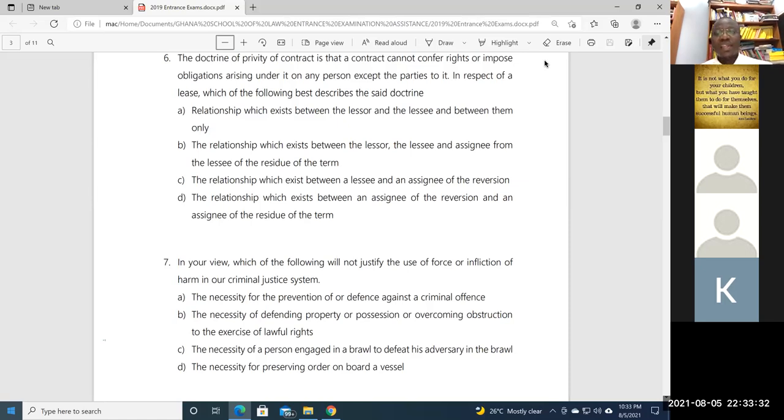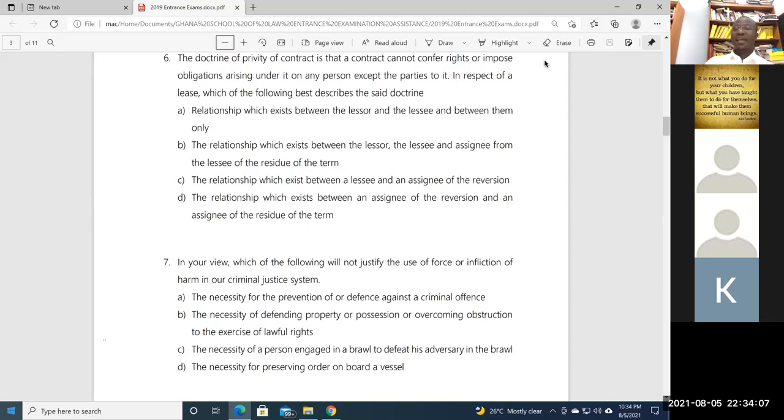Relationship which exists between the lessor and the lessee and between them only. So if you are to take privity of contract as espoused in Tweddle v Atkinson, Dunlop and so on, if we are to bring that analogy to the context of a lease, then one will argue that A is a promising candidate, but we haven't settled on A yet as to whether it's the correct answer or not.